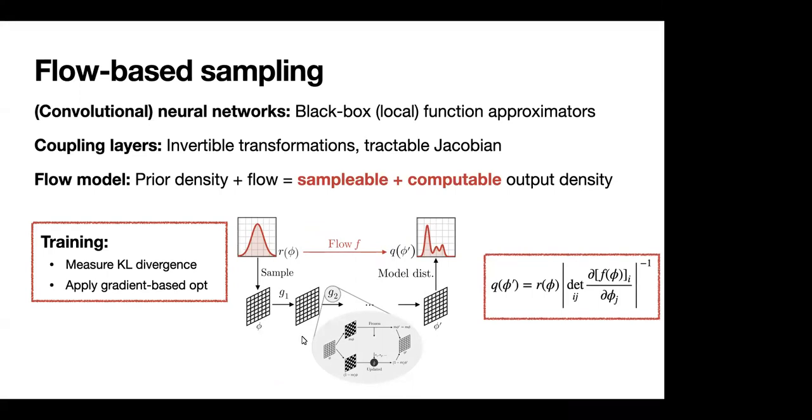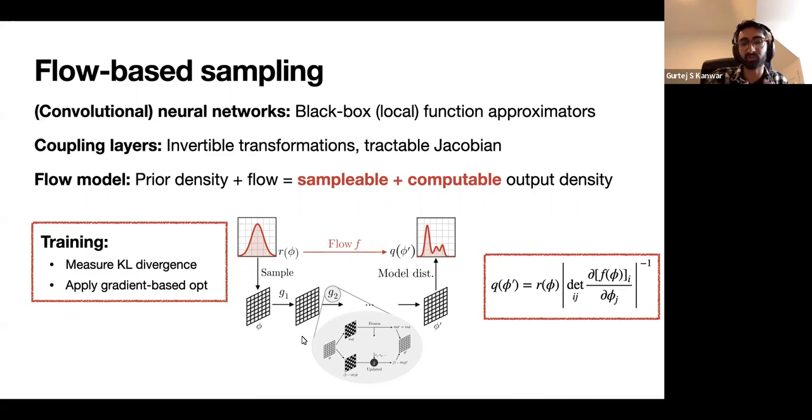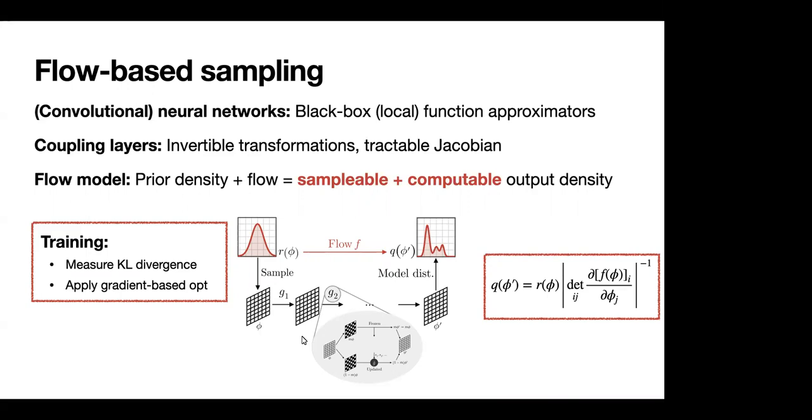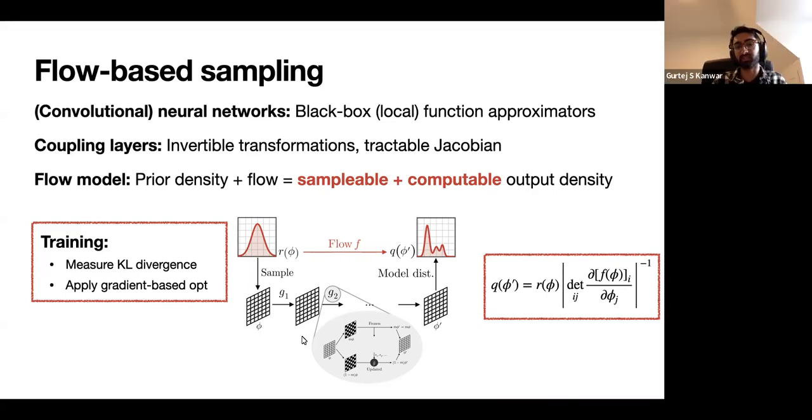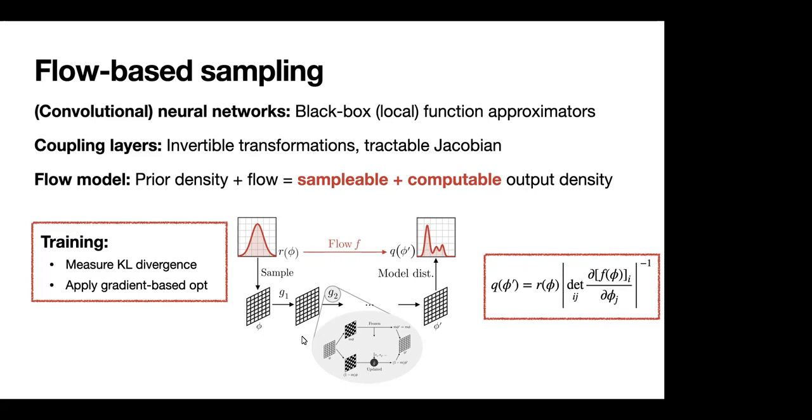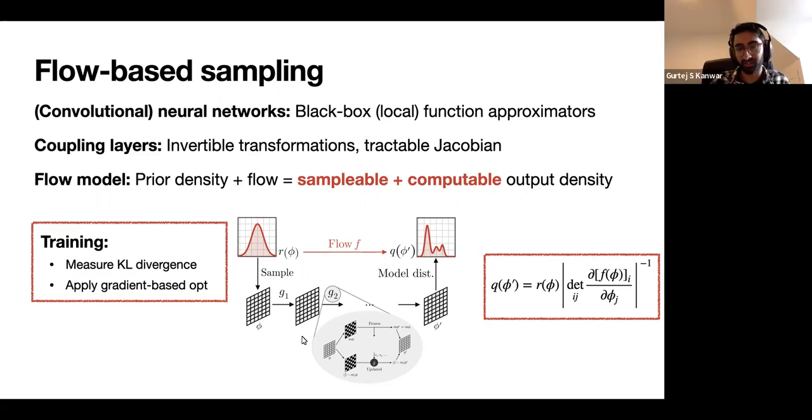The advantage of working with coupling layers is just that you're able to systematically increase the expressivity of this transformation. And you can just use all of these gradient-based optimization tools, as you said. Yes. Thanks. But of course, if you had another way to define a large expressive family of invertible transformations, then you would be okay to use that instead.